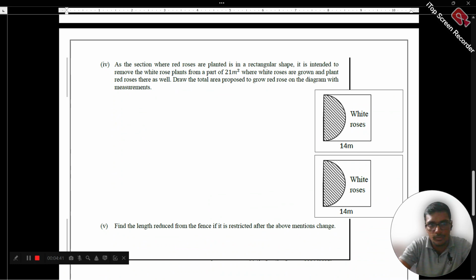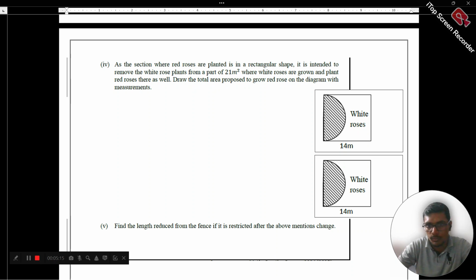Roman number 4. The section where the red roses are planted is to be made a rectangular shape, and it is intended to remove the white rose plants. So they want to make this semicircular part into a rectangle by removing white roses.